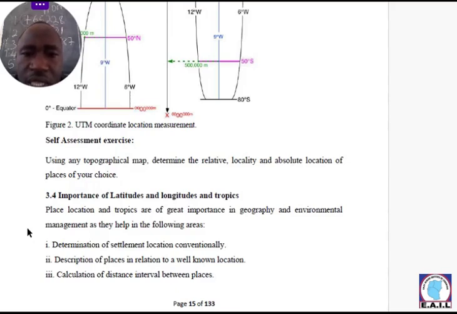When we are locating, or when we are using the Mercator system, we usually use degrees, direction, and meters. So it can easily help you to determine the settlement location of an area.